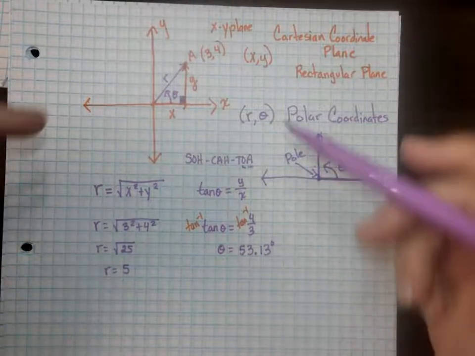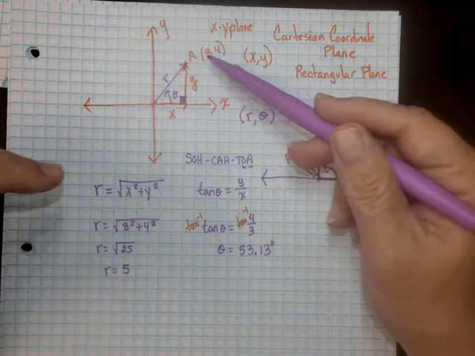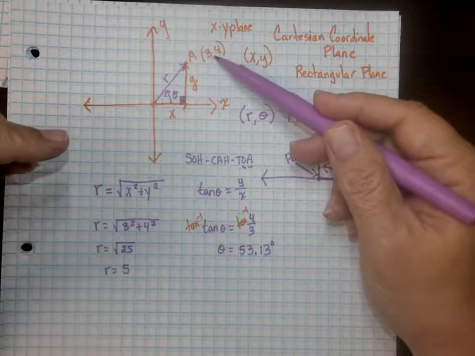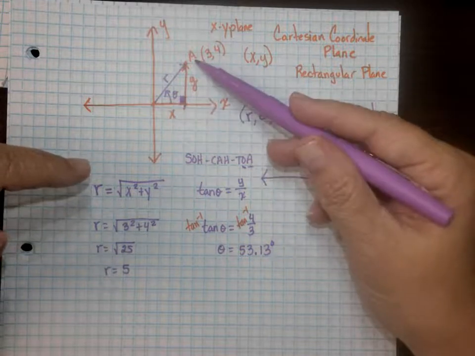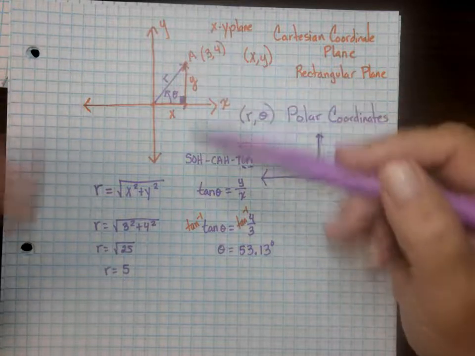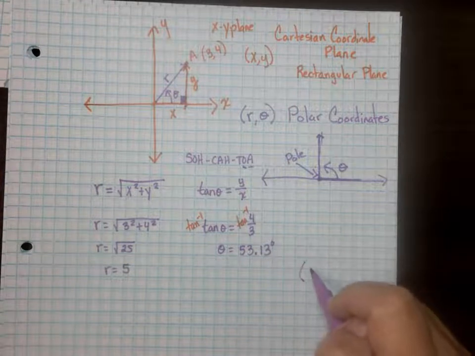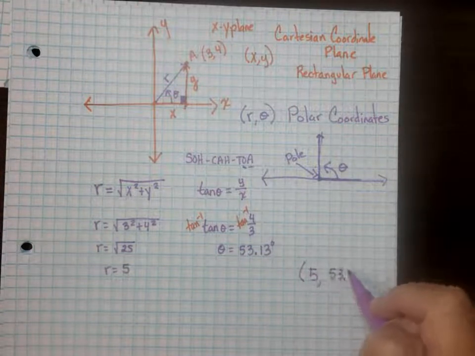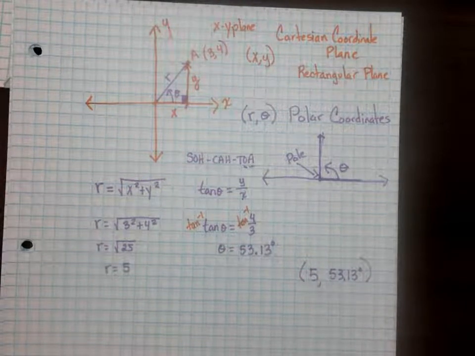So what this tells us is that if I have this point A, it's right here, this location, and it's at 3, 4, so I could tell somebody, get to point A by going horizontally 3 and vertically 4, and you will land there. But I could also tell somebody in polar coordinates to do 5 and then 53.13 degrees, and you will get there.